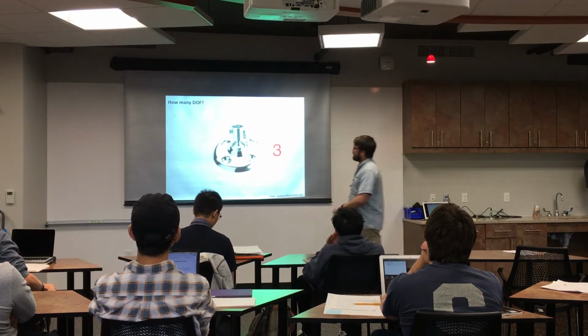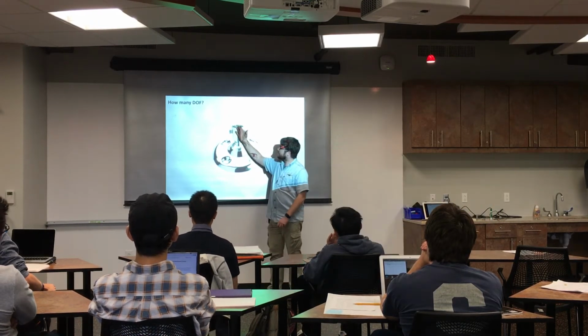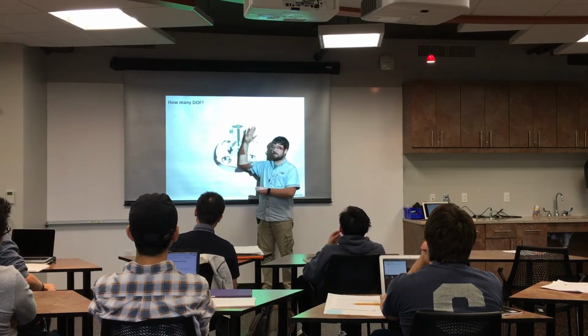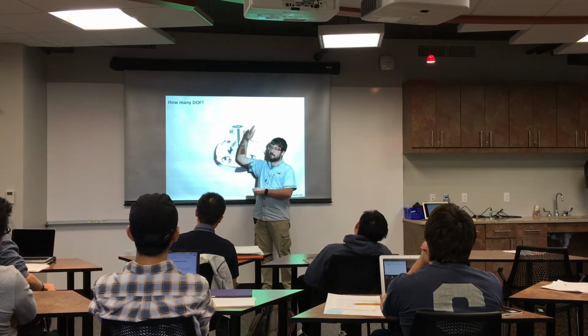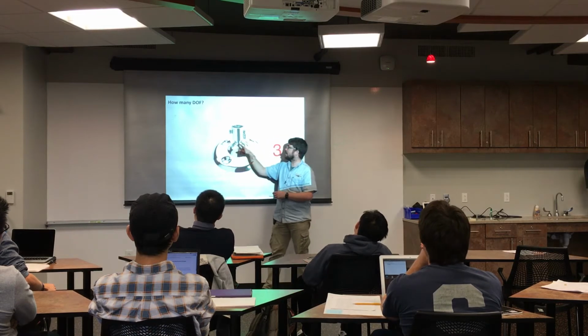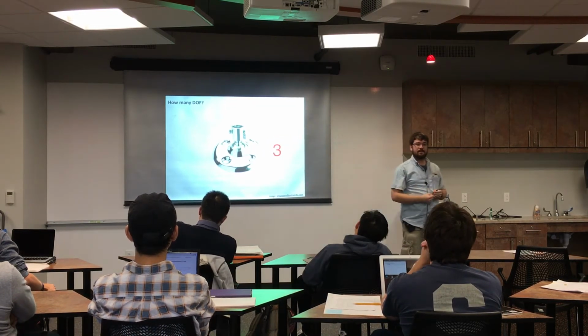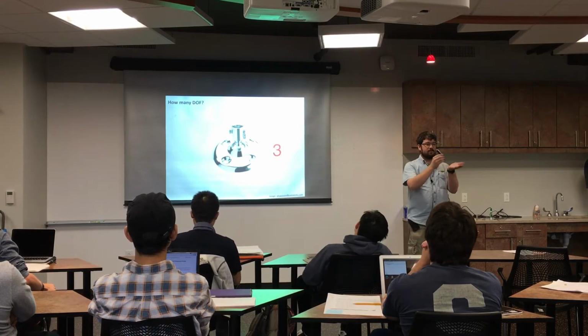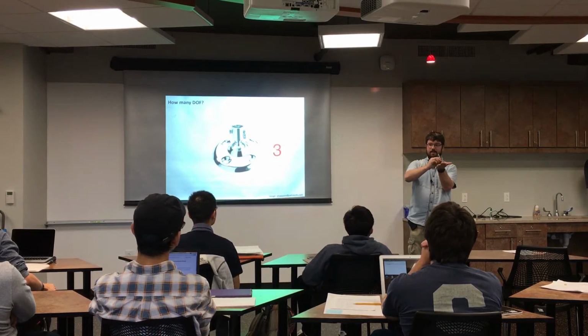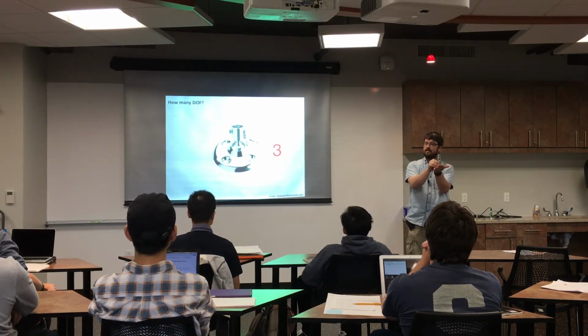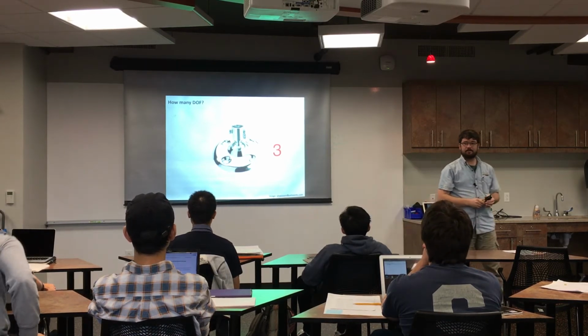So this pivot can rotate this way, it can rotate in this way, and it can twist, but it's not actually translating anywhere. It's still bolted to the same place on the side of your house. So here's the pivot sticking up. I can go like this, I can go like this, I can go like this, but that's it.